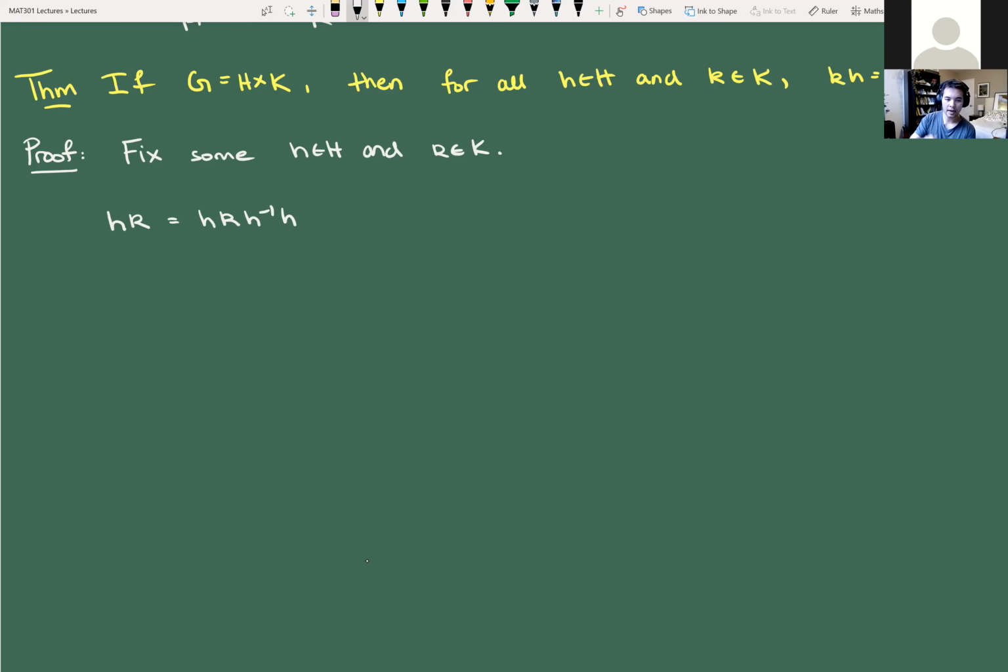Now, hk h inverse, this thing is in K. So this is in K, but we don't know that it's equal to k, right? And that's the issue here. So this is equal to maybe some k hat h for some k hat. But then we could try to do this in the other direction. So if we did kh is kh k inverse k. Okay, so this one now is in H. So that would give us some h hat k.